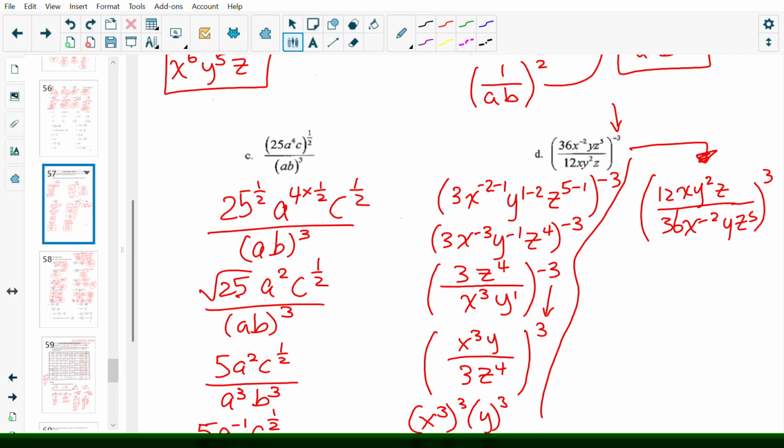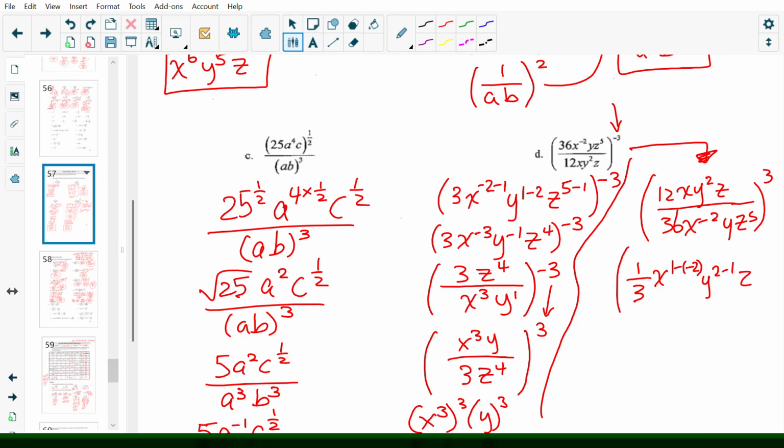Now evaluate as we did before. 12 and 36. That's going to be 1/3, right? And then let's combine using quotient law. X to the 1 minus -2. Y to the 2 minus 1.